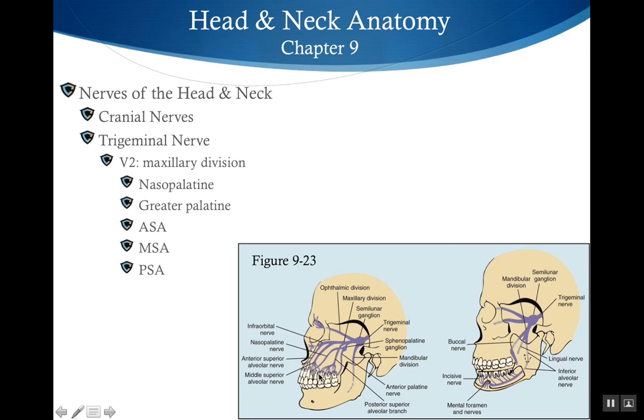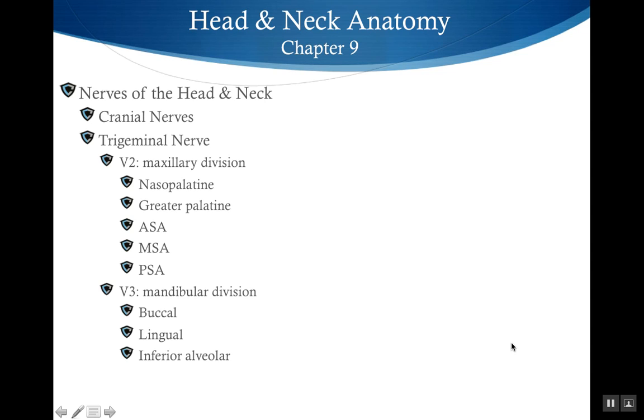Same thing again, the canine and premolar region, we're anesthetizing that MSA, posterior teeth or the molar teeth, we're anesthetizing the PSA.